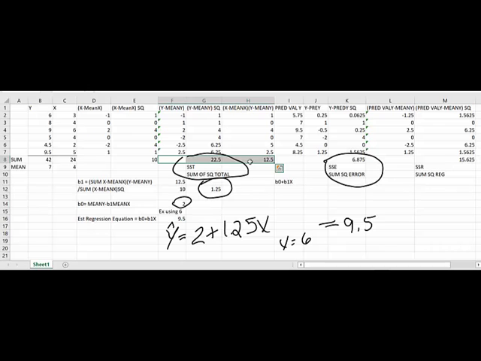And we might be asked for our SSR, the sum of squares due to regression, which is our 15.625. And keep in mind, we can always be asked to do a different prediction. So again, in this one, we were predicting 6 million in sales. Somebody could ask us to substitute any number in for x to make our prediction.